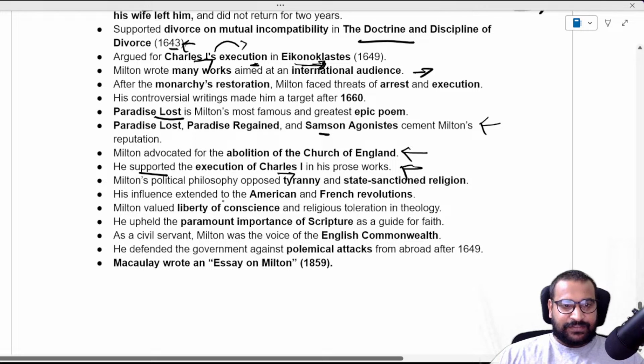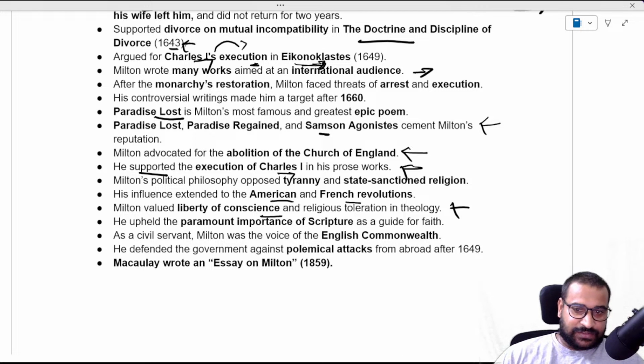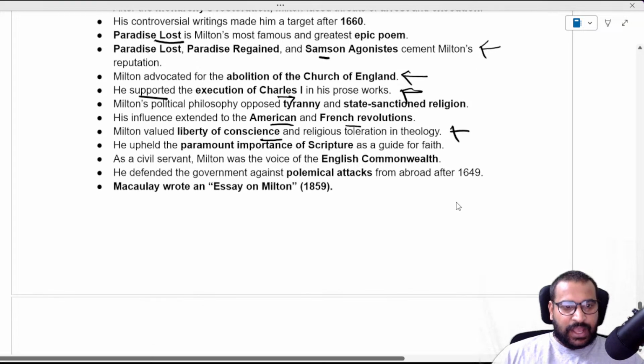Right, and his influence extended to the American and French Revolutions. So his influence can be seen in both revolutions, in America and France. Anyway, Milton valued liberty of conscience and religious tolerance. All these things I'm telling you to set up the mood, so that whatever the exam requires comes to you.